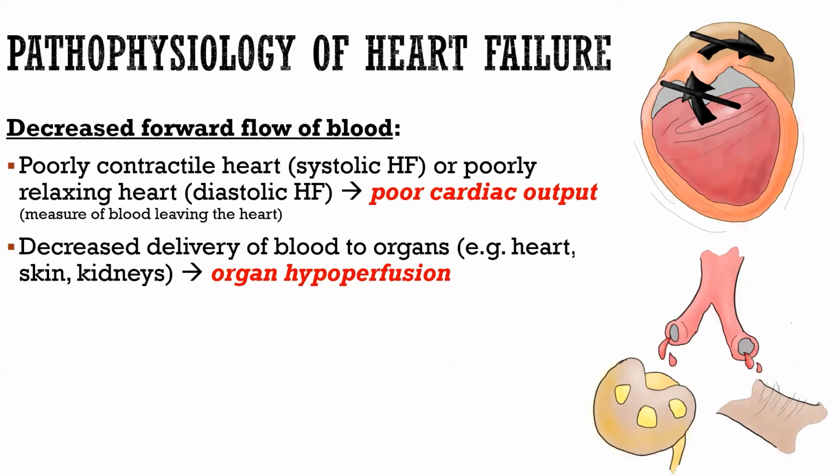In either case, because you have less blood that is leaving the heart, you have less blood that's going to get to your other organs, leading to organ hypoperfusion. Now, these could be things like your skin, leading to cool skin, or your kidneys, leading to kidney disease, or even the heart itself. Remember that your heart needs to push blood out of the ventricles in order for it to start perfusing the coronary arteries and thus itself.